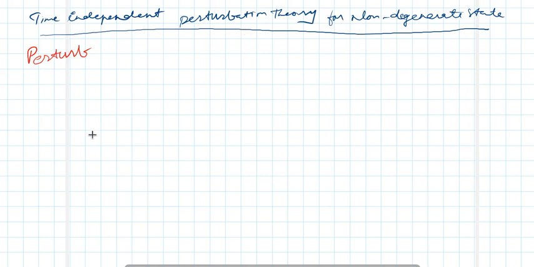The dictionary meaning of perturb is to disturb. And this disturbance should be very, very small in the context of our problem.